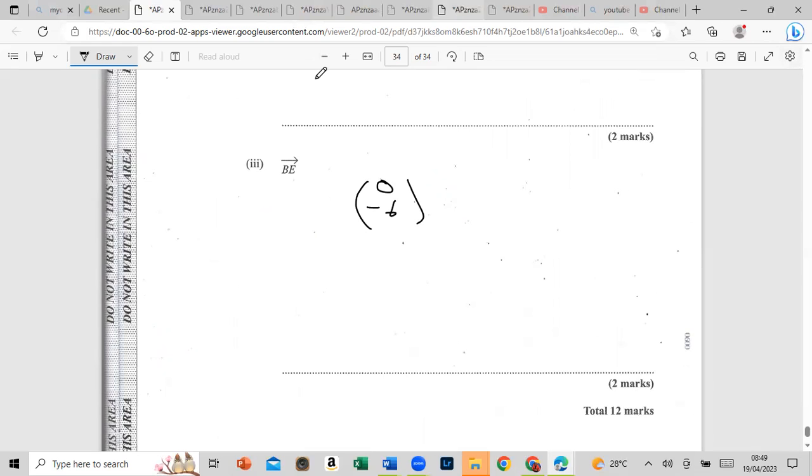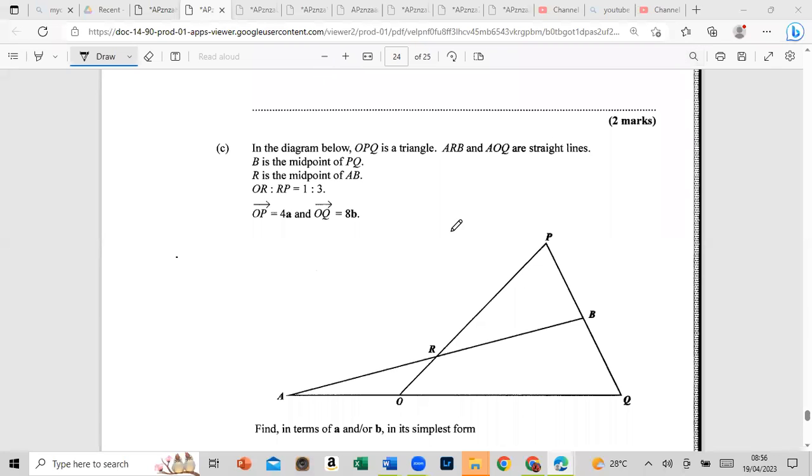Alright guys, so let's proceed to another paper with another vector. It says in the diagram below, OPQ is a triangle, ARB and AOQ are straight lines. E is the midpoint of PQ.